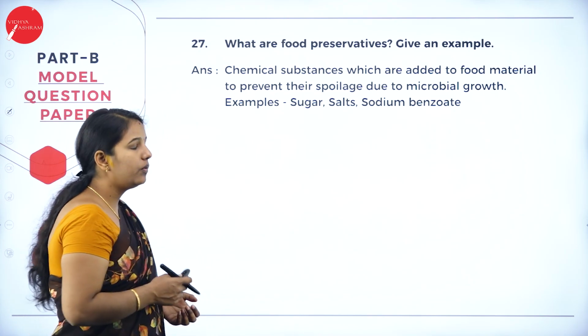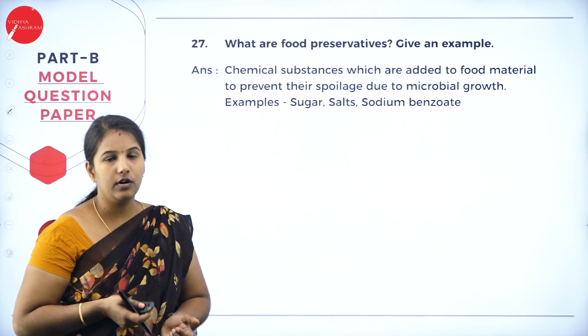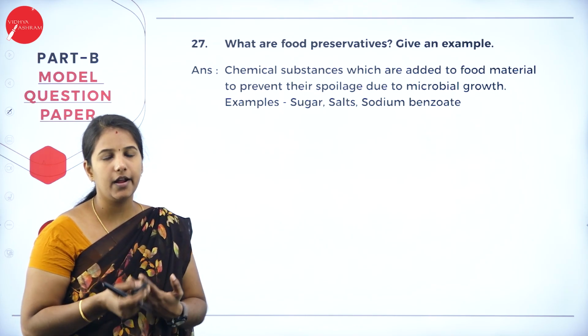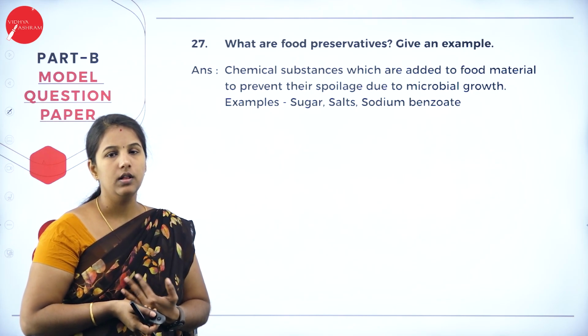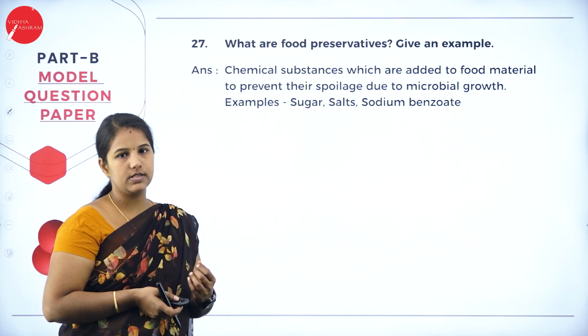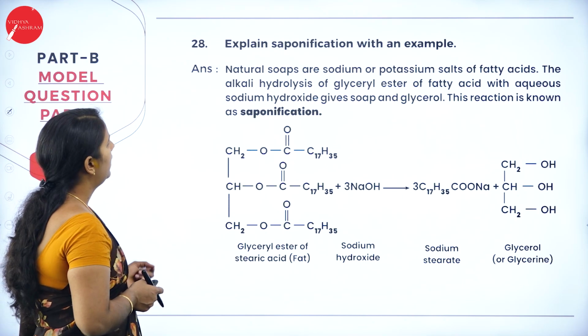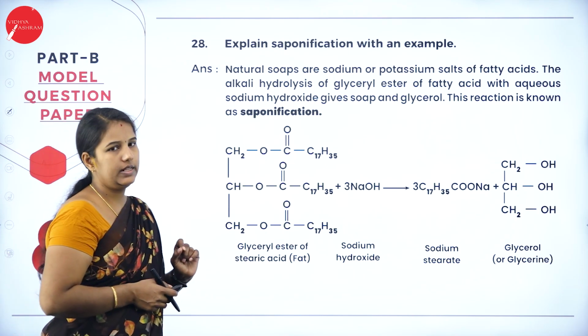Why do we have to keep it for a longer time? In order to avoid spoilage of food or any attack of microbes, we need to avoid it. That is why we add certain substances. Those substances are called food preservatives.